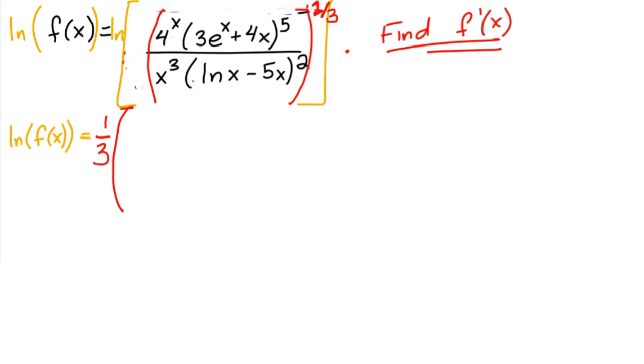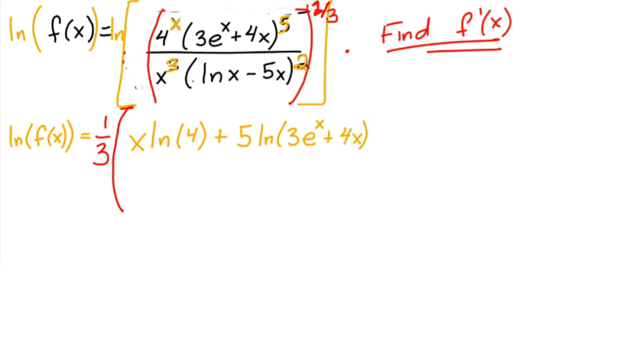and then inside, I'm going to have, so here, the exponents, all of these guys, are going to come out in front. So the first one's going to be x times natural log of 4 plus, bring down the 5, natural log of 3e to the x plus 4x.